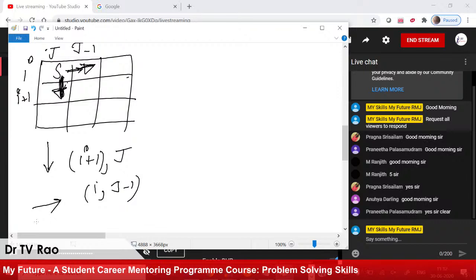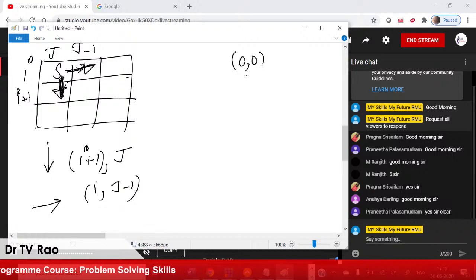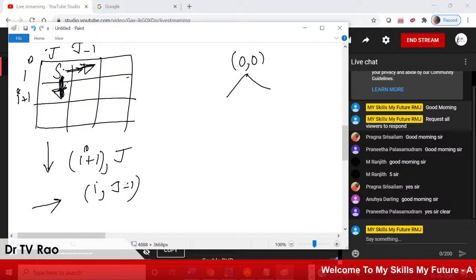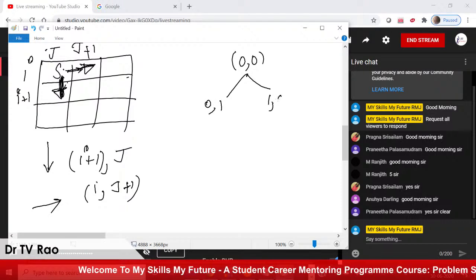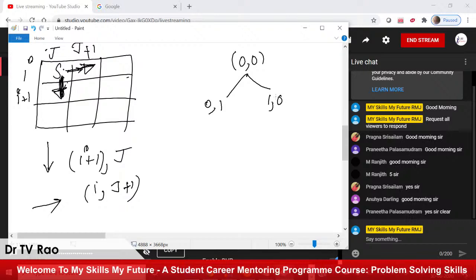is this clear? So from here, suppose you are at 0 0, you can go right, what is that? 0 1, or you can go down, what is that? 1 0.